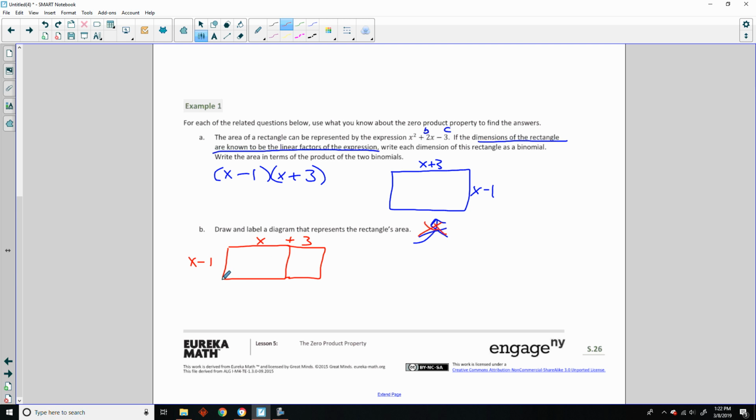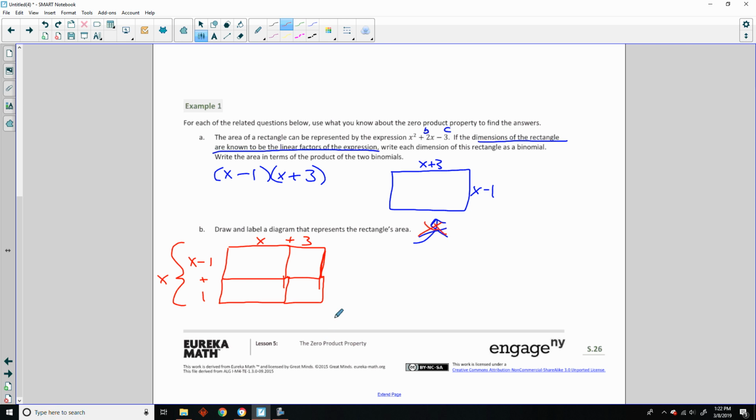But in order to make an x, so I'm making this a square, this piece here is a perfect square, that's value x, then I'd have to make this plus 1 here, because x minus 1 plus 1 is x, so this whole side is x. Does that make sense to everybody? This whole thing adds up to x. X minus 1 and 1 is equal to x. Okay, so then we have this over here because we want a rectangle.